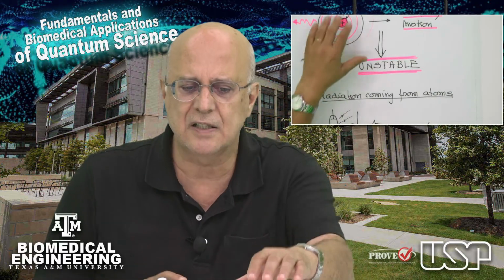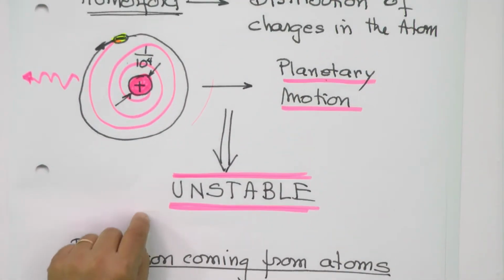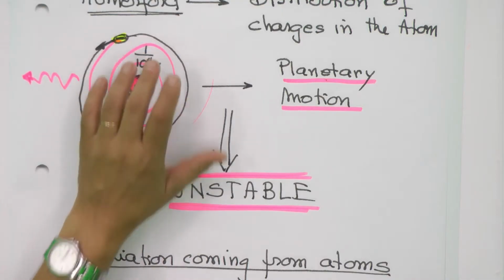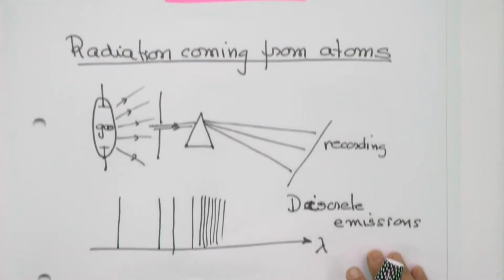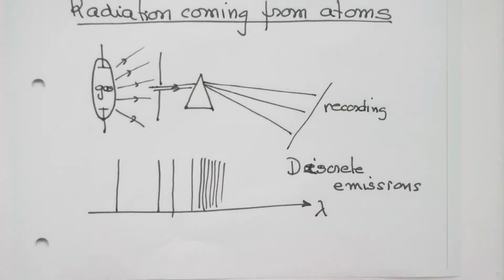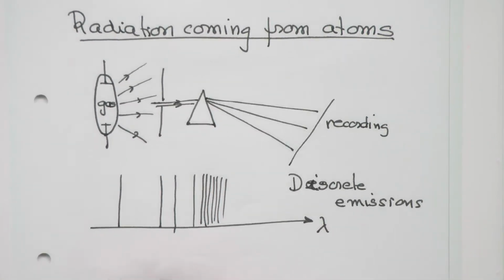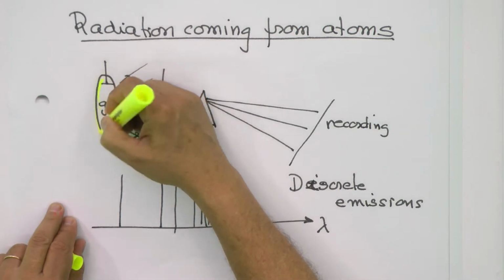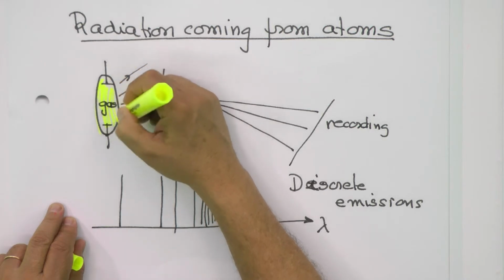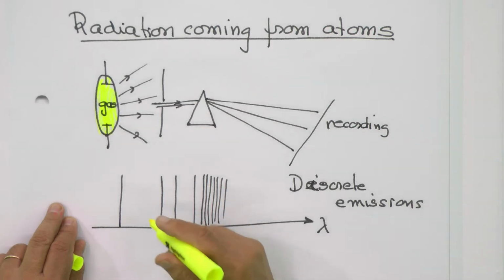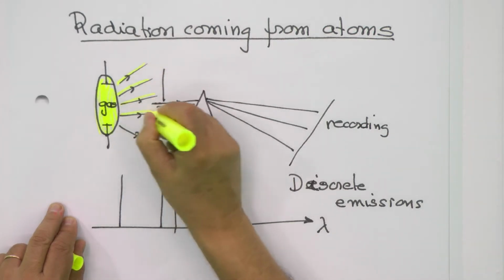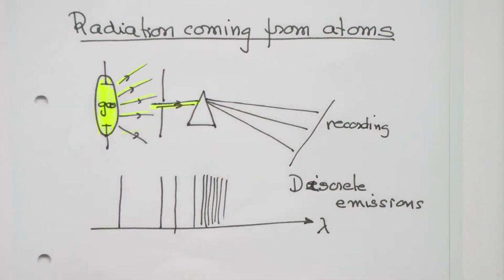Now, if this is a wave in here, the wave will survive in a way that maybe we will avoid those classical limitations. Well, on top of that, people have done experiments observing what radiation comes from atoms. So I have a gas, I give a discharge in the gas, you know, light comes out. I collect a little bit of this light.